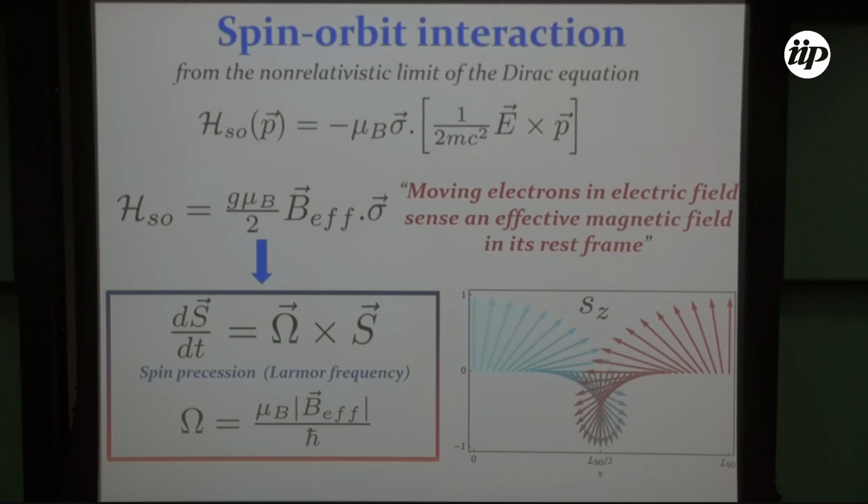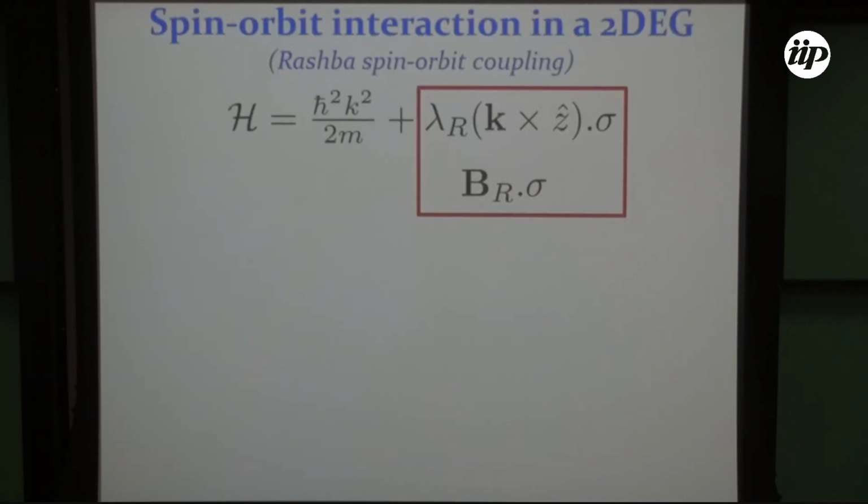A very important number, actually, is how fast your spin can eventually precess due to this effective magnetic field. So the spin precession frequency and the strength of the origin of this precession is a very important question.